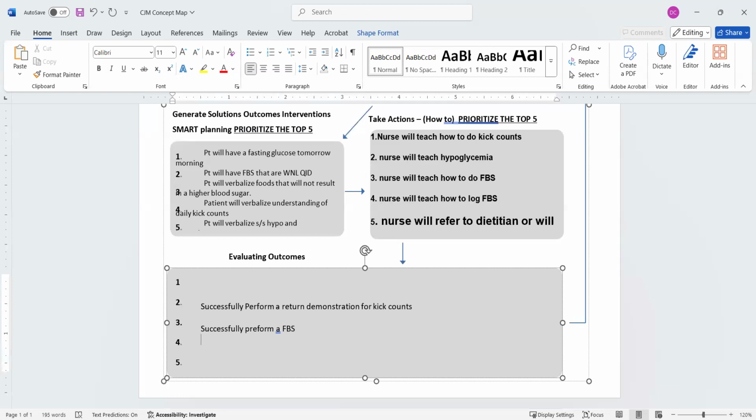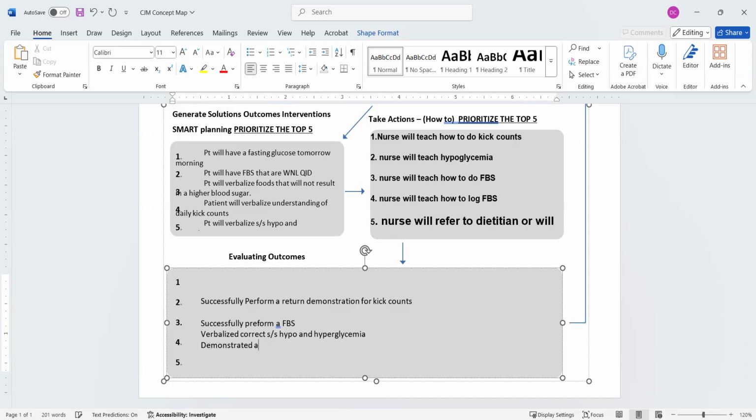Verbalize signs and symptoms of hypo and hyperglycemia. Verbalize the correct. How about that? Then how about demonstrated appropriate finger stick blood sugar and logging procedure.